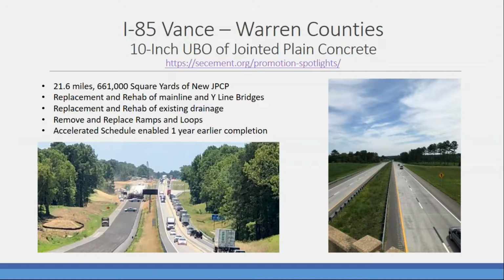I can't remember the exact ADT through here, I think I've got it written down somewhere, but you can see a lot of trucks. But they were able to pave one complete side in 2017 with this accelerated schedule, which enabled completion one year earlier. So again, this illustrates that with a lot of coordination and good partnering between the contractor and the DOT, you can really move the work along well.